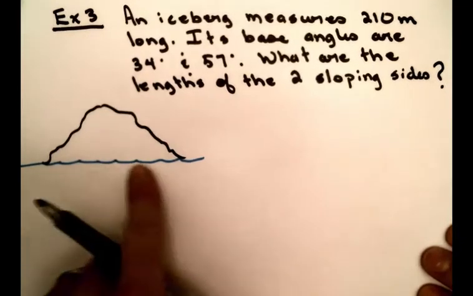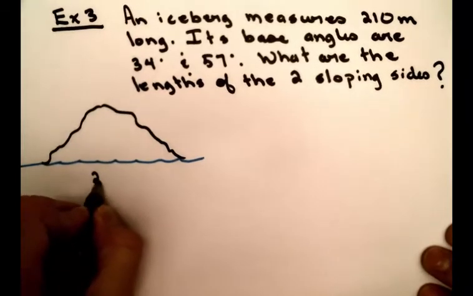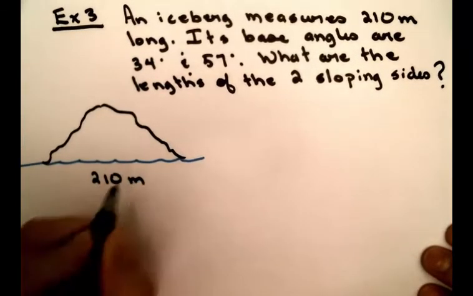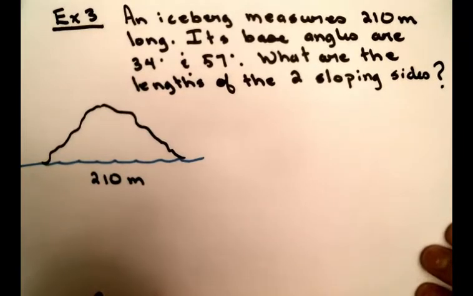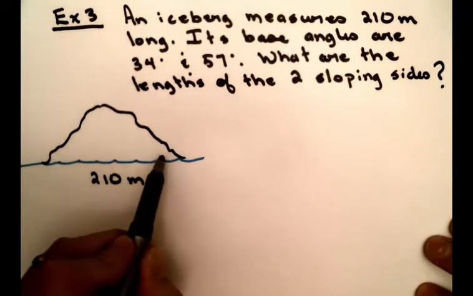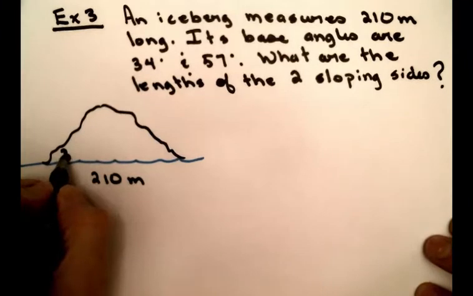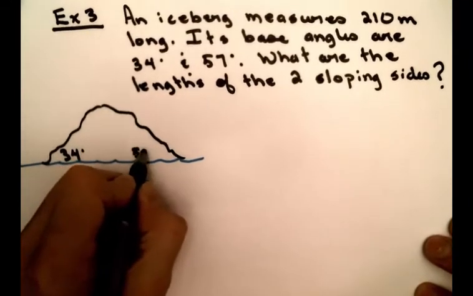So this would be the water, and there's your iceberg. So let's put the information in. The iceberg measures 210 meters long, so that's its base. And they give you the base angles, so 34 degrees and 57. It's up to you. You can put 34 here or here, as long as you also put in 57. I'm going to go with 34 degrees and 57 degrees.